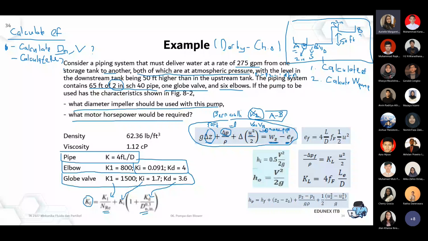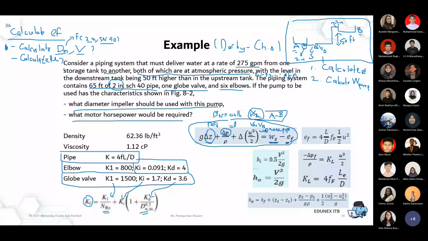Is it the schedule 40, sir? Yep. So that must be a function of 2 inches and schedule number 40. You go into the table, check what is the diameter of a pipe with 2-inch nominal pipe size, NPS, with a schedule number of 40, and then you get the inside diameter in millimeters or inches.